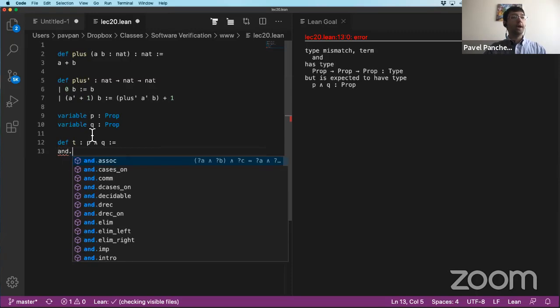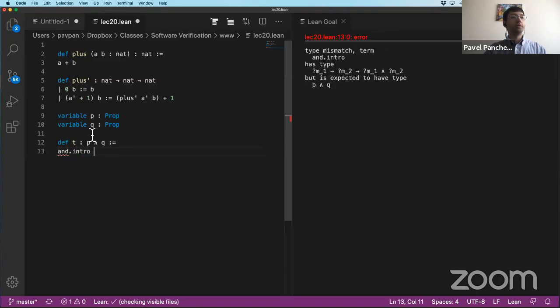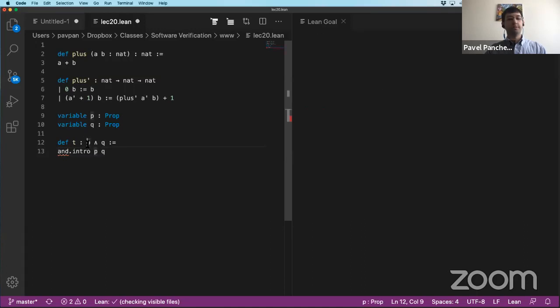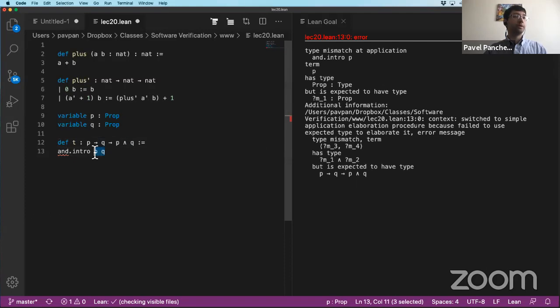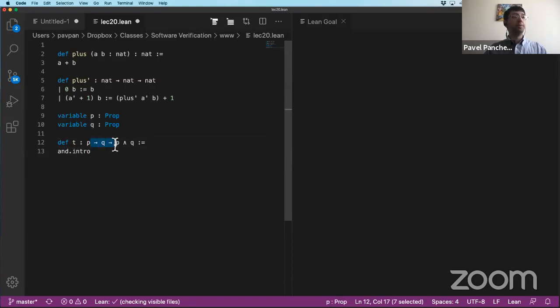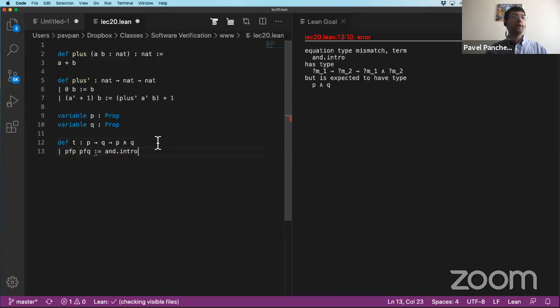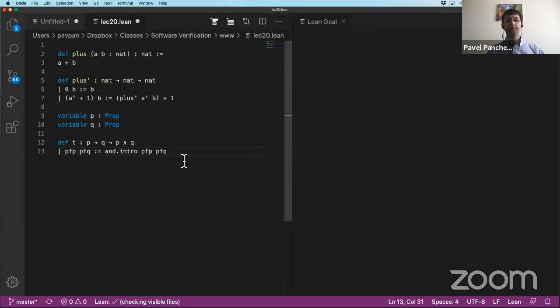So to create an and, I use and.intro, and we have to know that P and Q are true, sorry. So if P and Q are true, then we're going to have a proof of P and a proof of Q. And from those, we can construct a proof of P and Q.